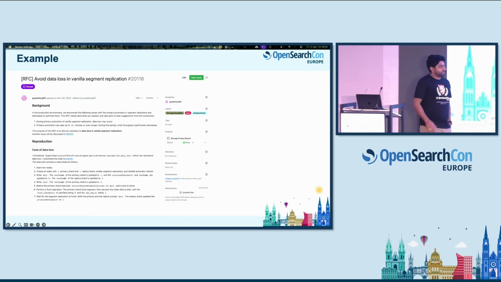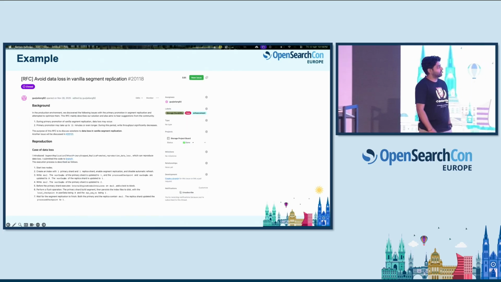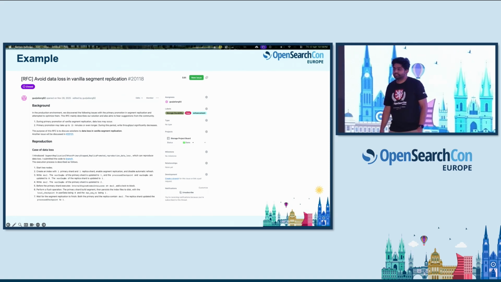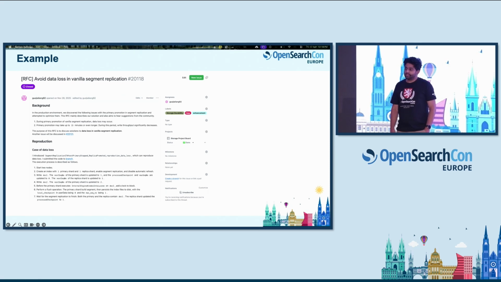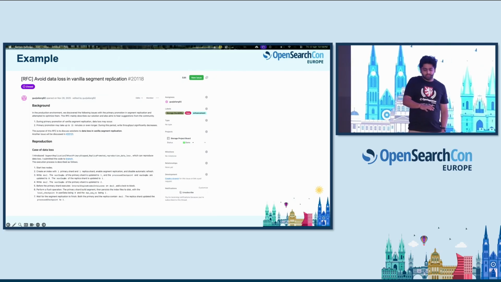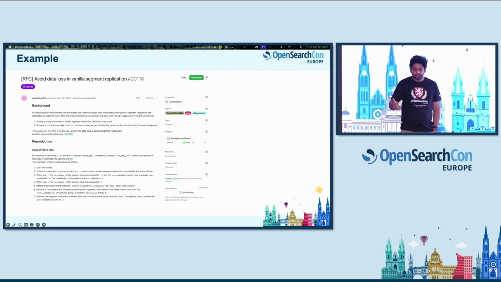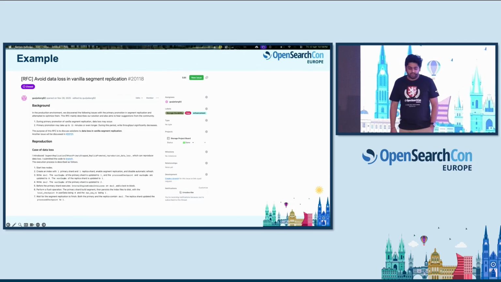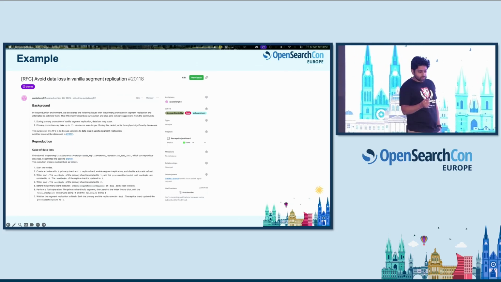Okay, now let's look at a practical example. This was one issue reported in the segment replication feature that we had. This person reported a very important issue, a very critical data loss bug in segment replication. It was a very edge case, and it was really difficult to understand.